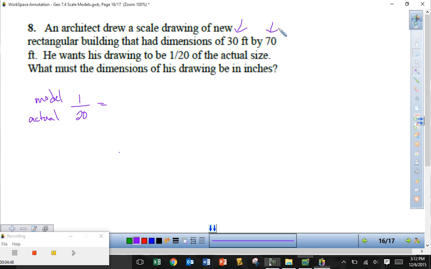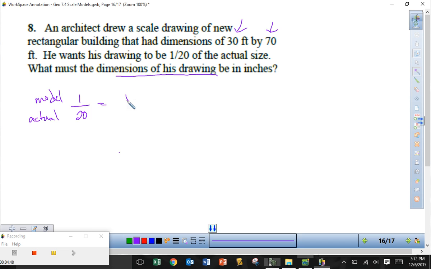Okay, and 30, is that my actual or is that my model? What are we trying to find here? Well, if you notice, it says, what must the dimensions of his drawing be? That means I'm missing my model this time. I'm not given my model, I'm given the actual height, and we're trying to make a drawing from it. Okay, so what we want to do is put our unknown on top.